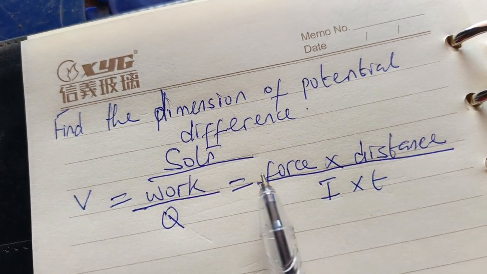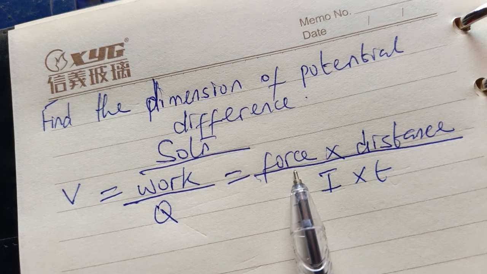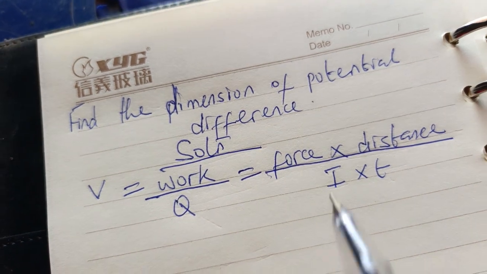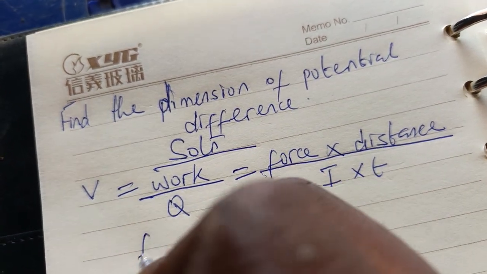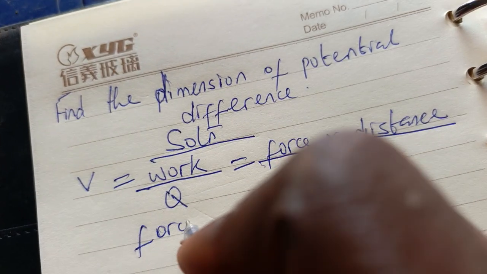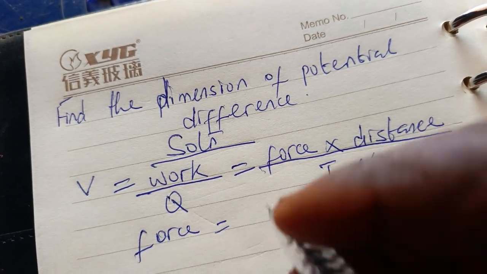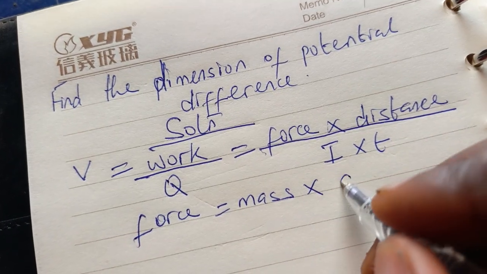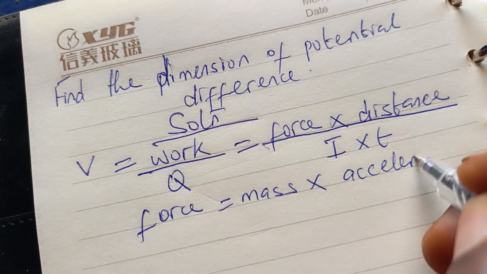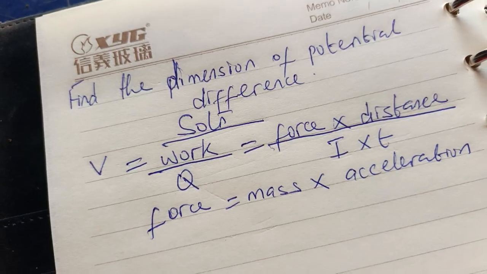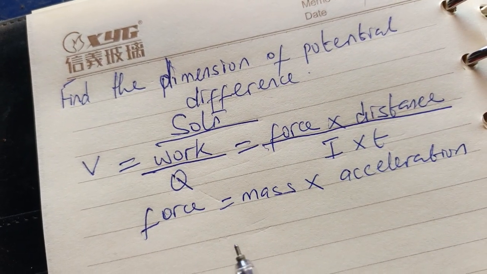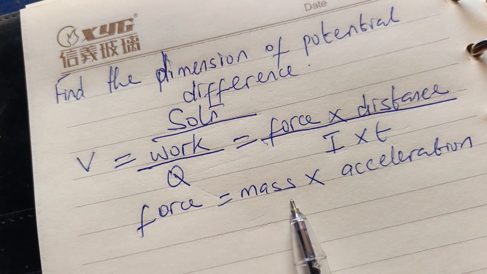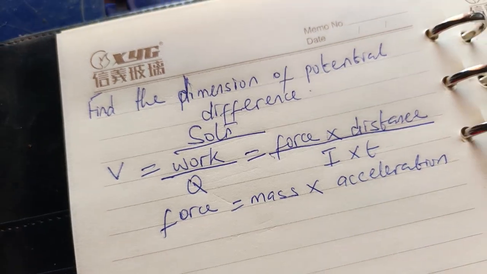Right. And here force is quite high. So, the formula for force will give us mass times acceleration. Mass times acceleration. So instead of me using force here, I'm going to be putting mass times what? Acceleration.